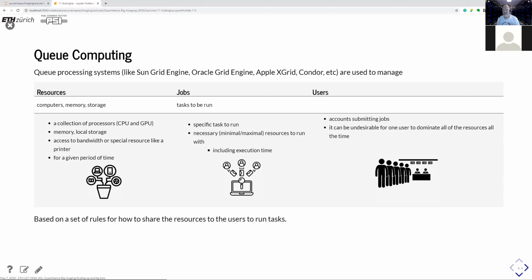Then you need to tell how much it is actually taking out of the system, including how long you expect it to take. And then we have the users, which in this computer system are accounts that are submitting jobs to this queue system.